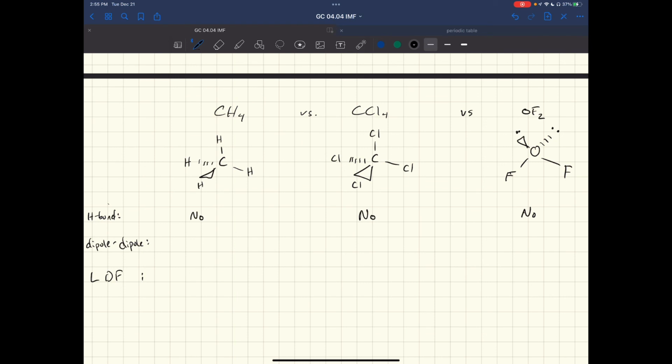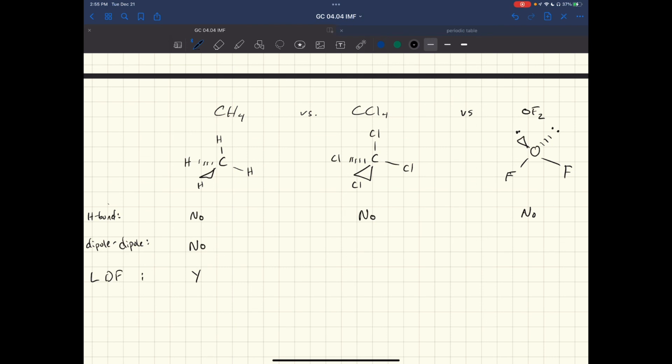Okay, so now we have to go through and figure out if we have net dipoles, because that's the only way we can do dipole-dipole. So CH4. Well, these carbon-hydrogen bonds, neither one of them is polar, which means that there are no bond dipoles, which means that there are no net dipoles, which means that there are no dipole-dipole interactions.